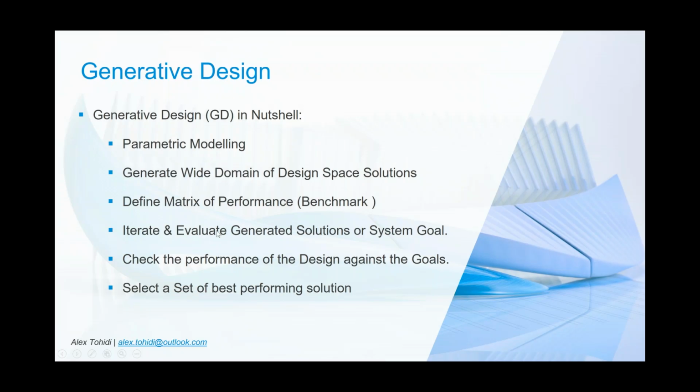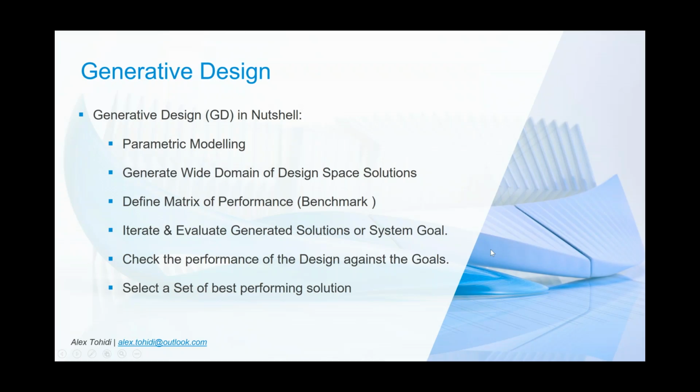So you essentially iterate through all the solutions that Dynamo can generate for you, and check the performance of each design against certain goals, and then select a handful of the best performing solutions and hand them to the designer. So it essentially doesn't do the design for you.